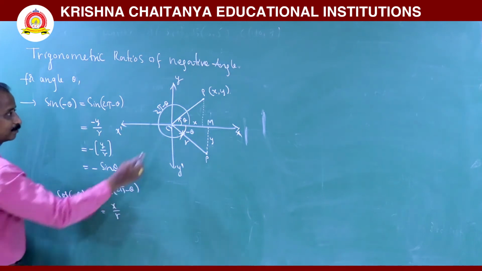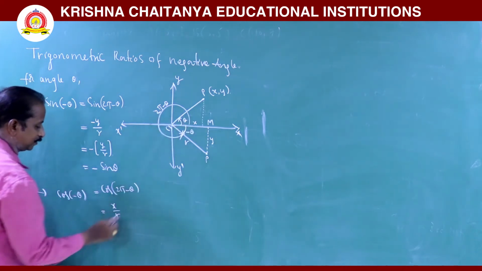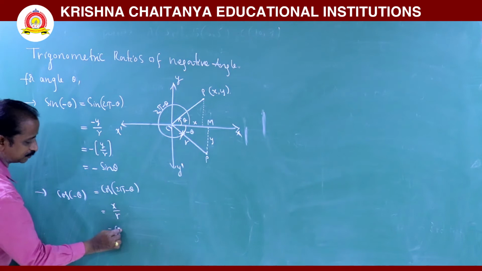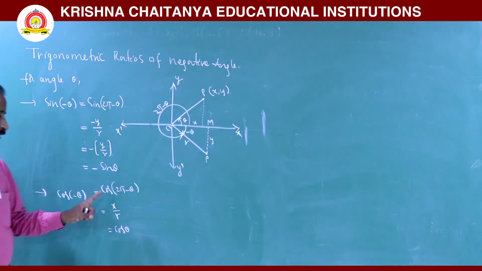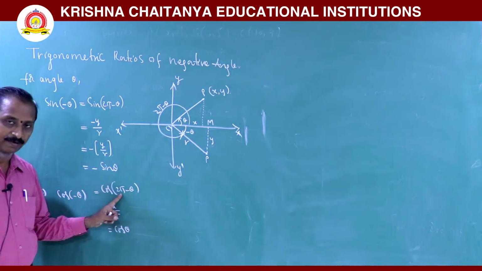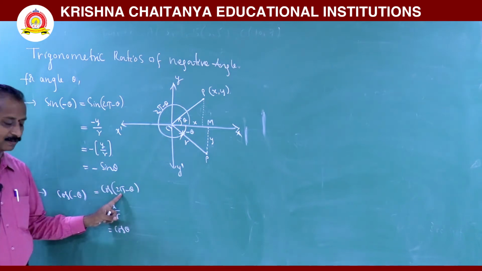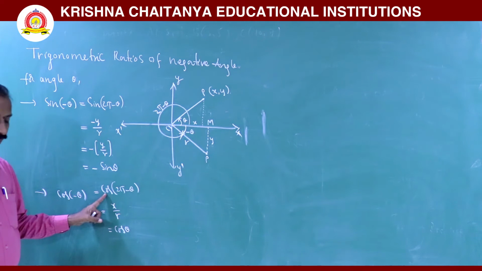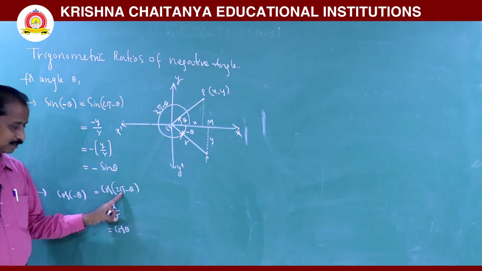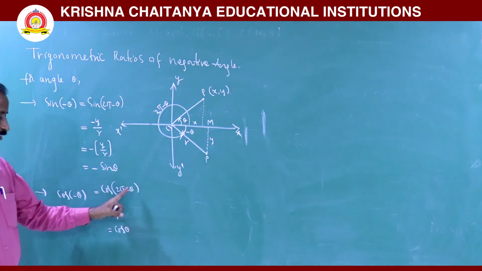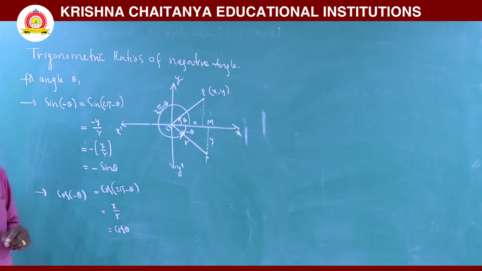But x by r from this right angle triangle is nothing but cos theta. In other way we can explain like this: 2 pi minus theta lies in fourth quadrant, cos position positive. At this allied angle trigonometric ratio does not change. So cos of 2 pi minus theta is nothing but cos theta.